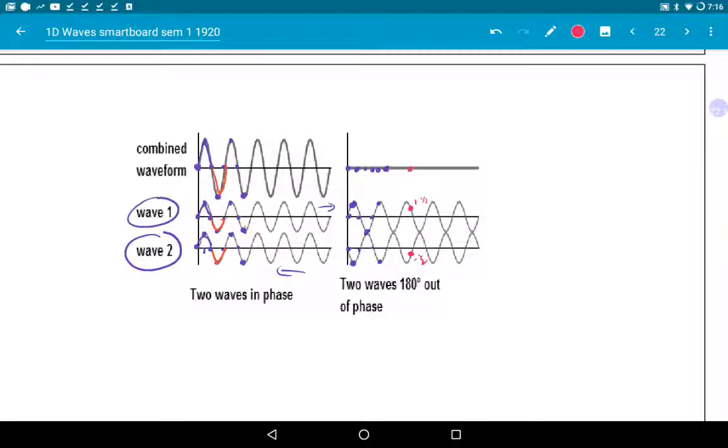You know, they cancel to 0. So it doesn't matter where you pick. I could pick here, and that would match up with here. They cancel. Complete destructive interference. And that's called two waves being 180 degrees out of phase, so perfectly out of phase.